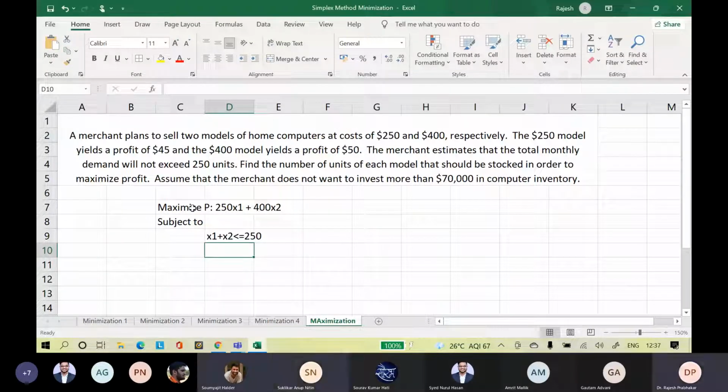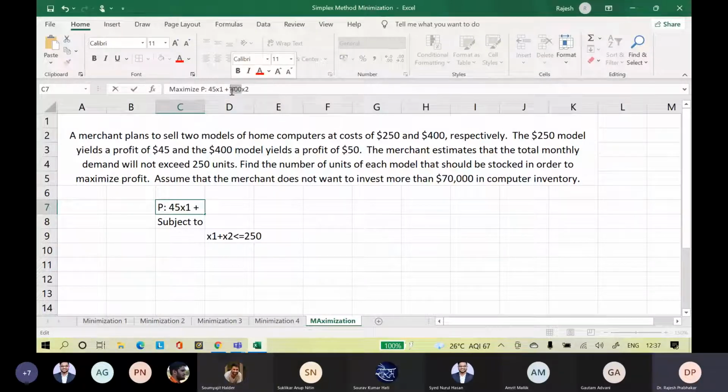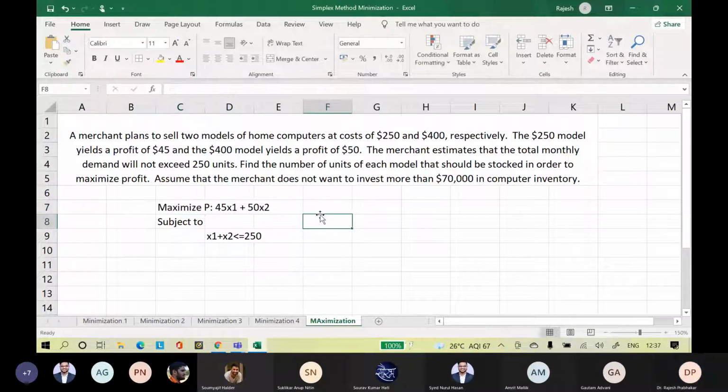Yes, sir. So the profit should be 45 x1 and 50 x2, right? Yeah, profit. Actually wrong. This is 45 x1 and 50 x2, right? Right.